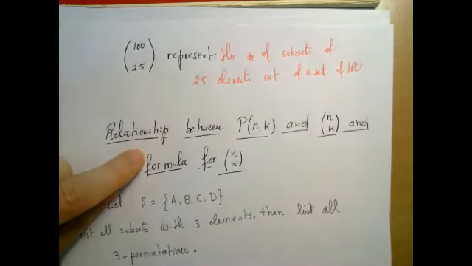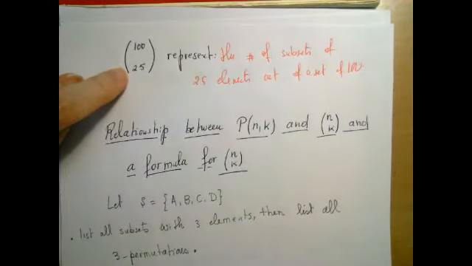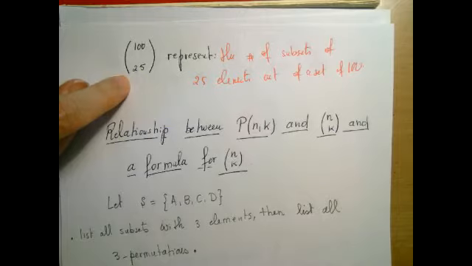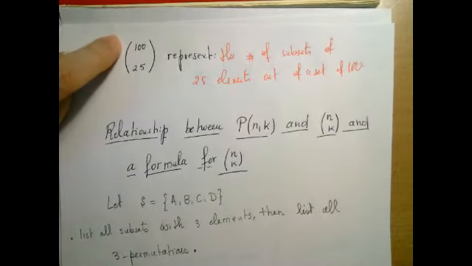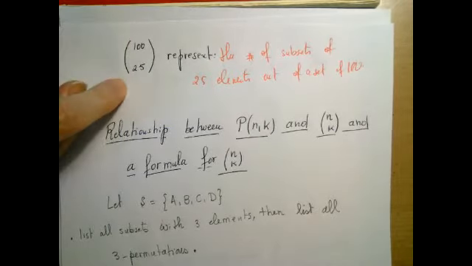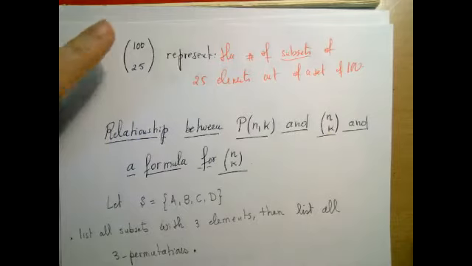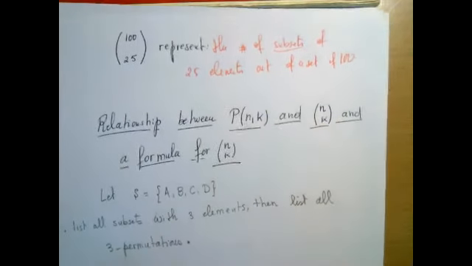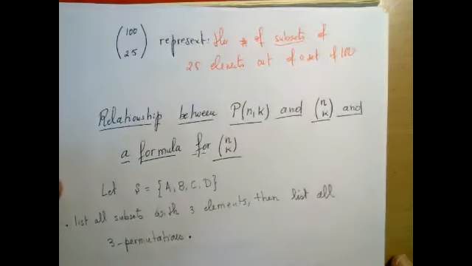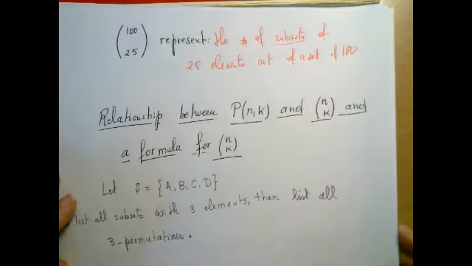Another way to think about it: in how many ways can I choose 25 distinct elements out of a set of 100? The elements are distinct because we're talking about subsets. And the question is how to compute that.